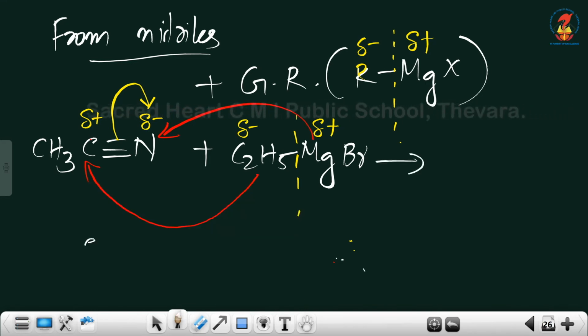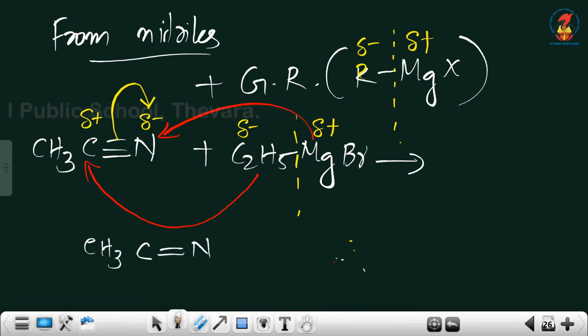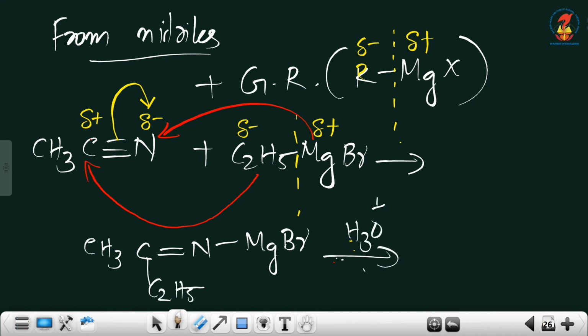Start from here. CH3, C triple bond N becomes double bond N. Towards nitrogen, MgBr will attach, and to carbon C2H5 will attach, which on hydrolysis gives, splitting here, C double bond O. So we can write it as CH3COC2H5.